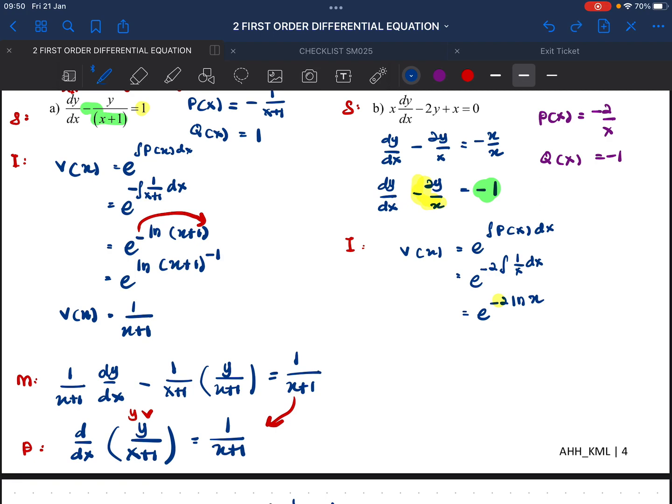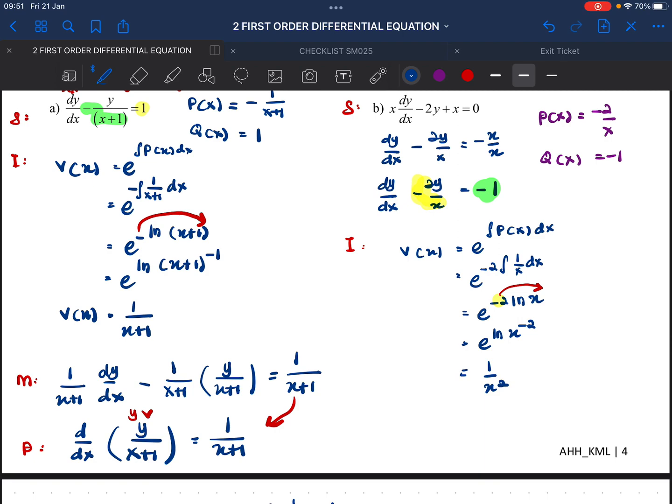Not only the negative, not only the 2, both −2, as a constant we move up. So we will have exp of ln x to the power −2. Now we can cancel the exponent with the ln. Then we have 1/x². Alright, so that is our v(x).